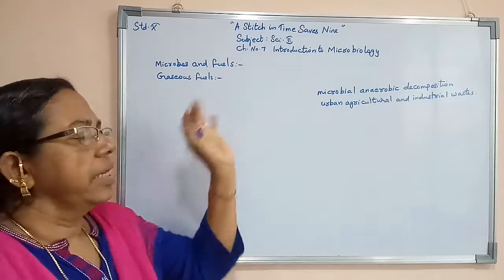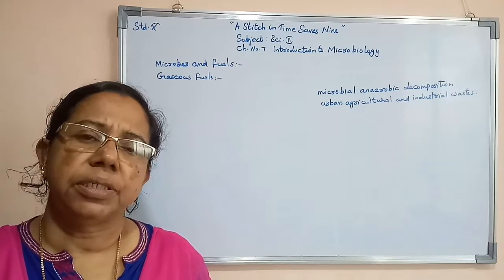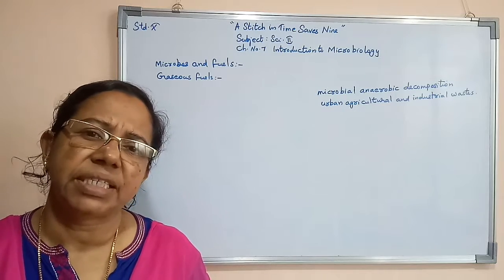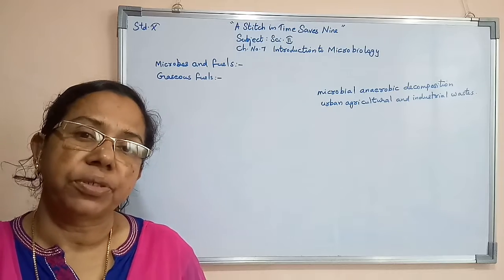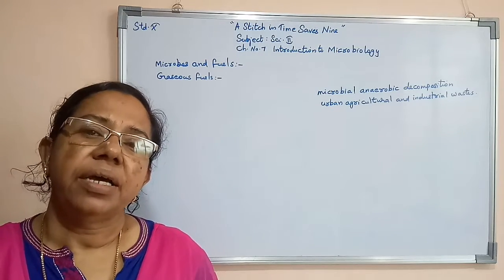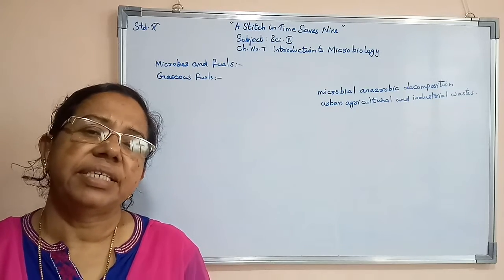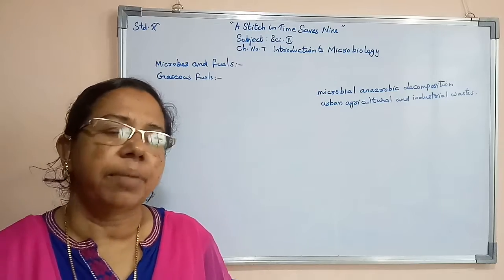So gaseous fuels are produced by microbes by anaerobic respiration. As a result, they decompose urban agricultural waste products as well as industrial waste products. As a result, a gas is coming out.